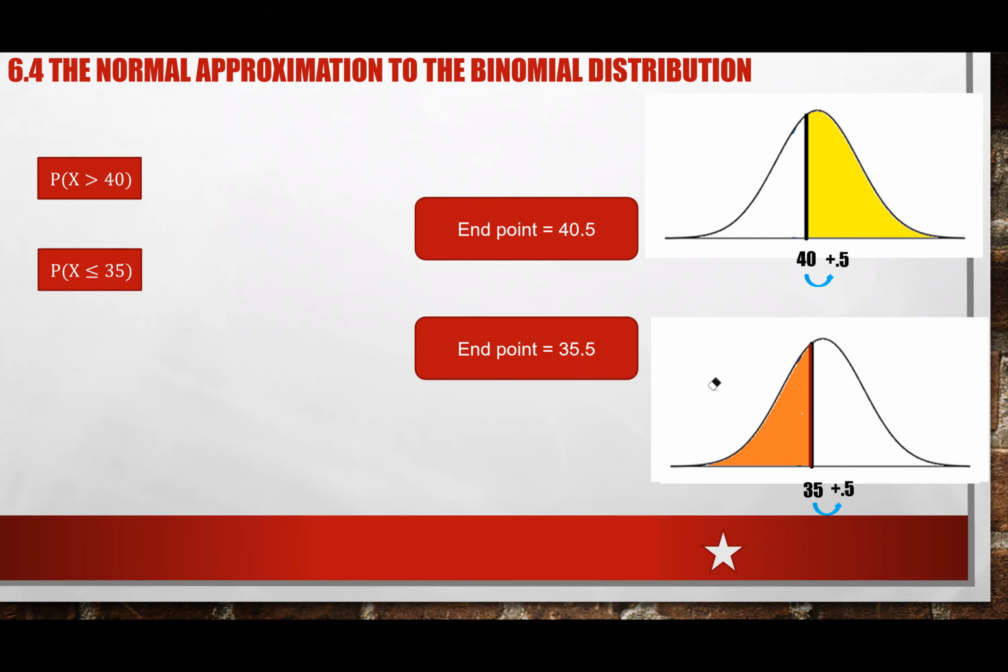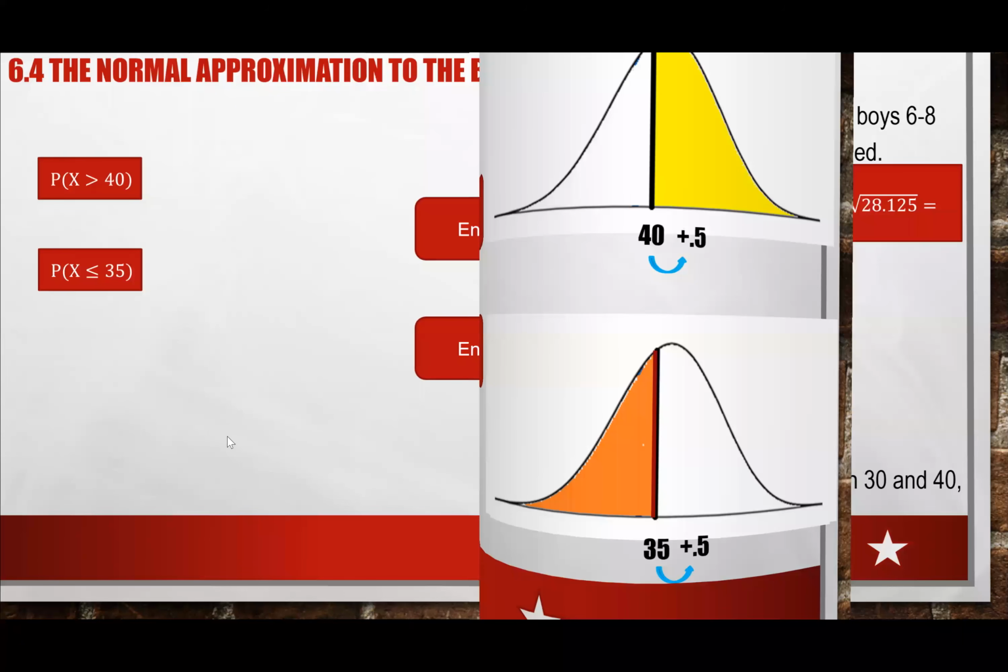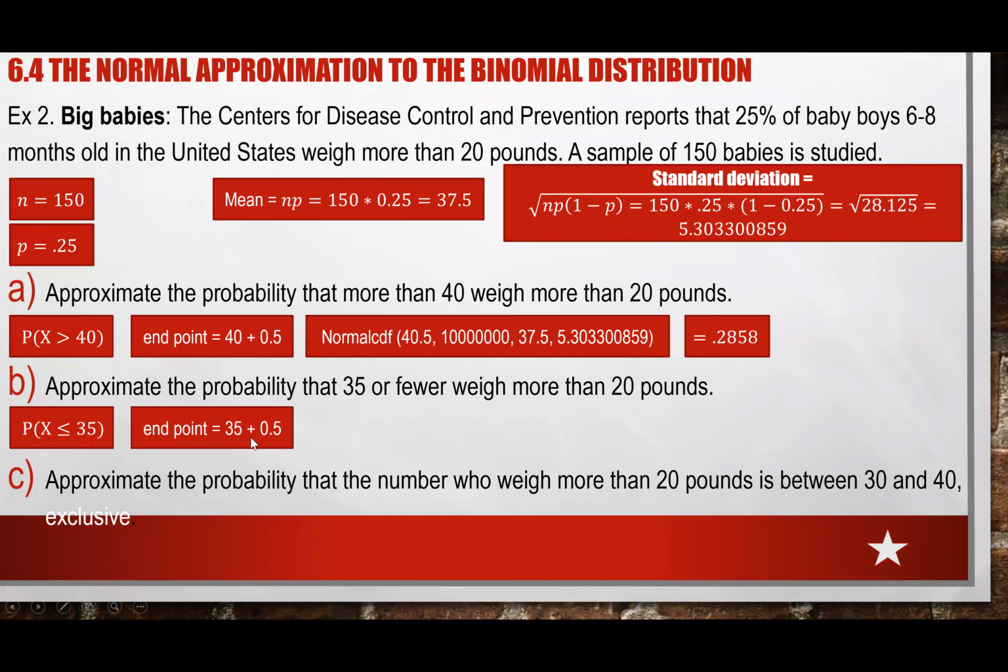Do you want to increase the area or decrease the area? Okay. So again, question here with the A figure and the B figure. Once you find the endpoint, everything else hopefully is just smooth sailing, because my endpoint is 35.5 because I add 0.5. And I'm looking for the area to the left.